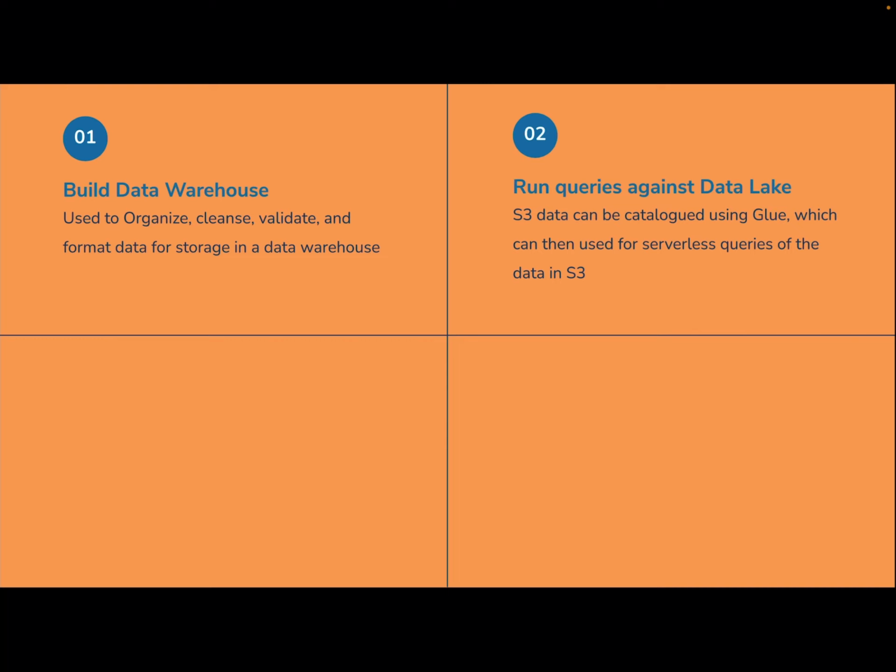So Glue is primarily used to build a data warehouse. Glue also runs serverless queries against a data lake created with AWS S3. Data is cataloged in Glue, and queries from Amazon Athena or, let's say, AWS QuickSight are run for faster response.